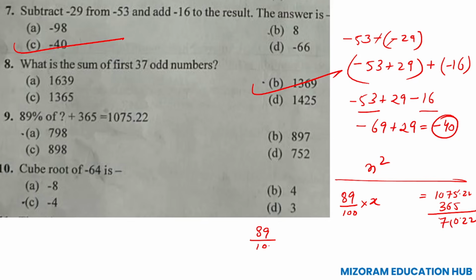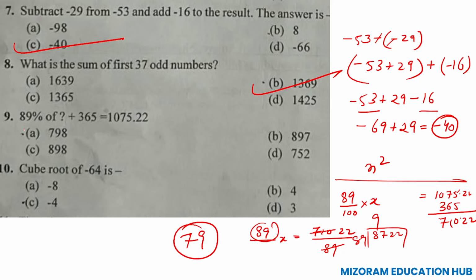So 89 by 100 x equals 710.22. Multiplying by 100 removes the decimal, and then we divide by 89. 89 sixes are 534, 89 sevens are 623. Dividing further, we get 790 something, and so option A is correct.